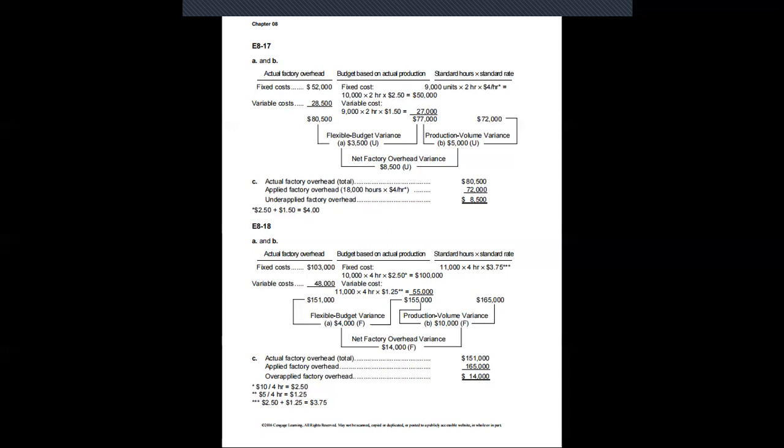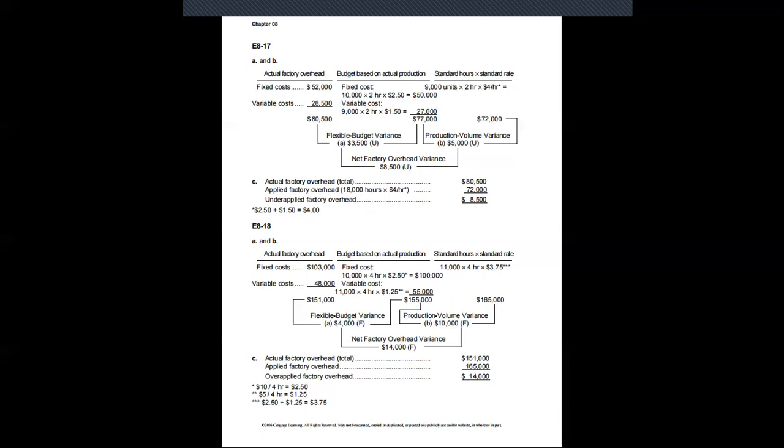Now for the budget based on actual production, we have the fixed cost equal to 10,000 times 2 times 2.50. So we now have the fixed cost of 50,000. Then the variable cost, the actual production of 9,000 units, we multiply by 2 hours times 1.50 per direct labor hour.